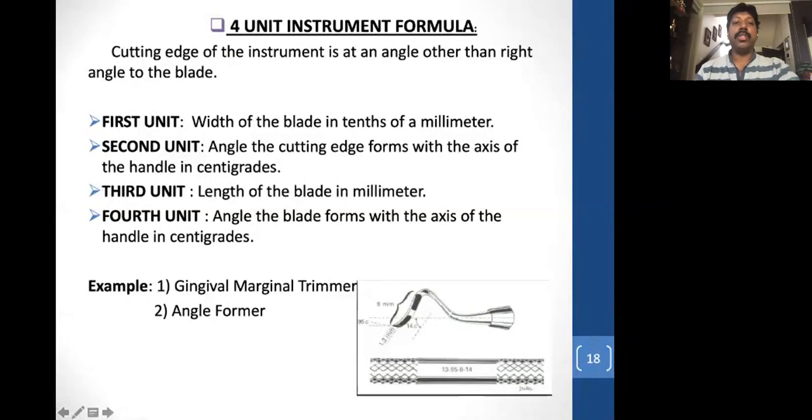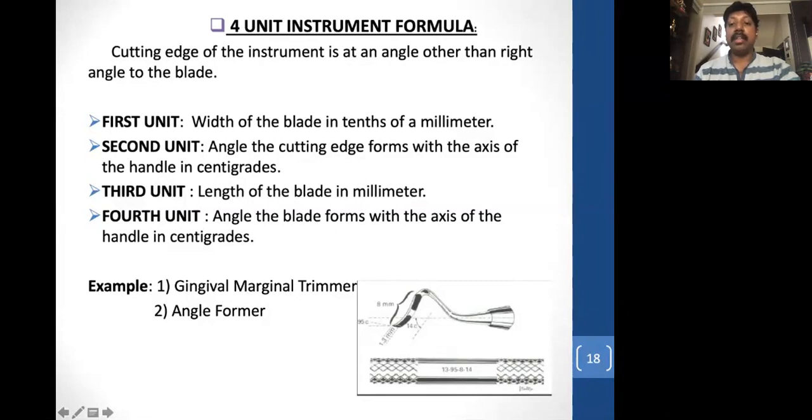So you remember this: first unit, width of the blade, that is same, width of the blade in tenths of millimeter. Second is angle of cutting edge. Okay, third unit is length of the blade in millimeter, like same. Fourth unit is angle of the blade, that is the same, angle of a blade from the axis of the handle. So 13 is 1.3, इसलिए 13 हो गया.